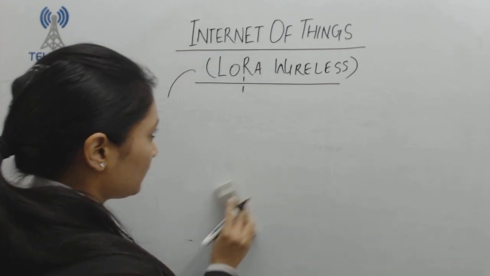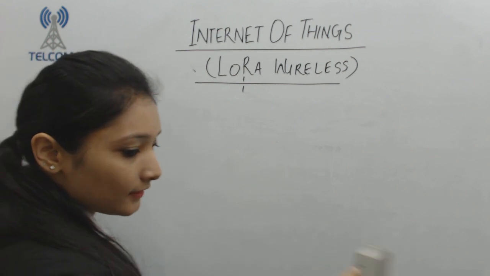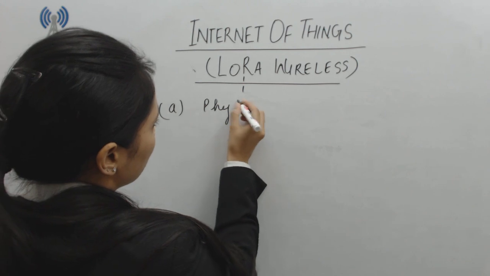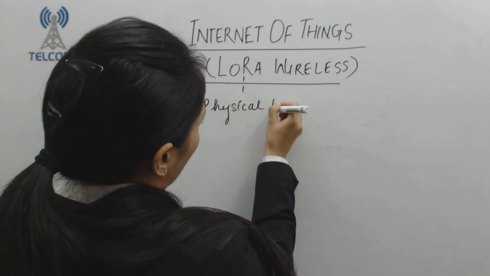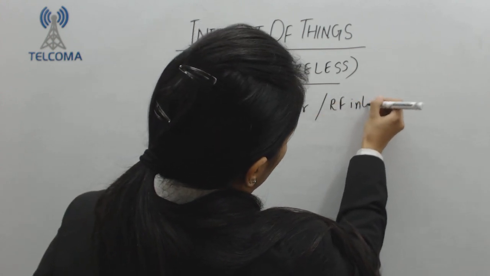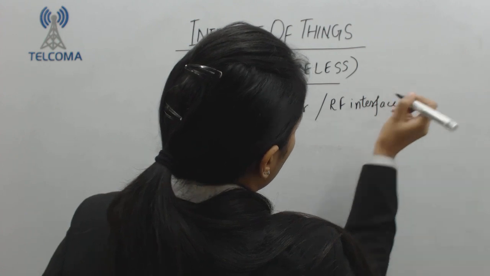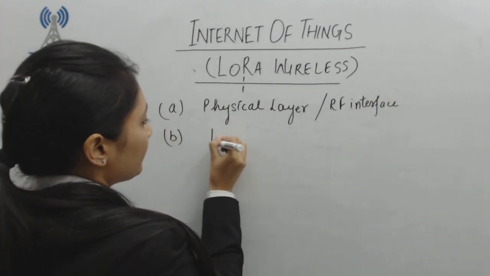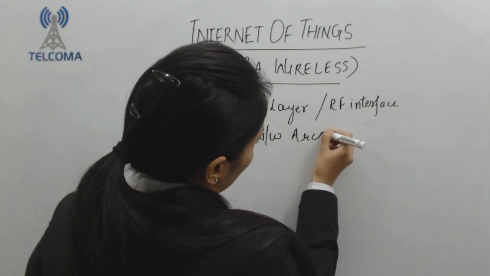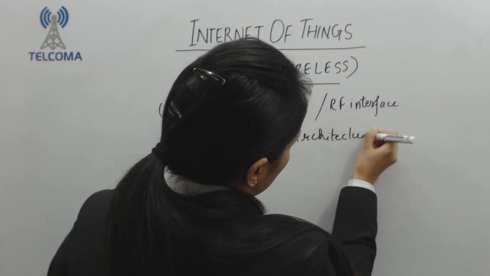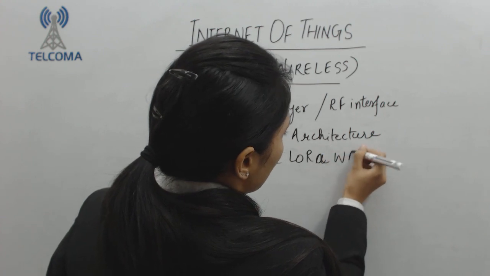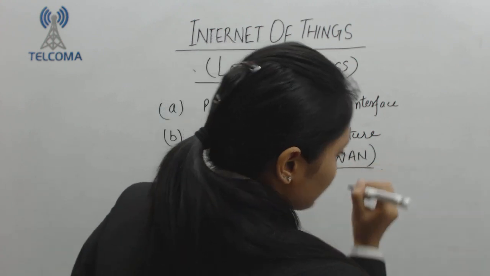Now, LoRa wireless has other network specifications also. First of all, it has the physical layer or the RF interface, and the LoRa network architecture, which is also known as LoRaWAN, wide area network.